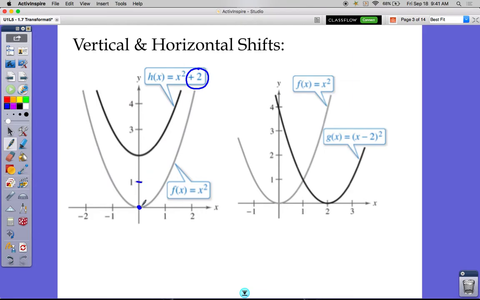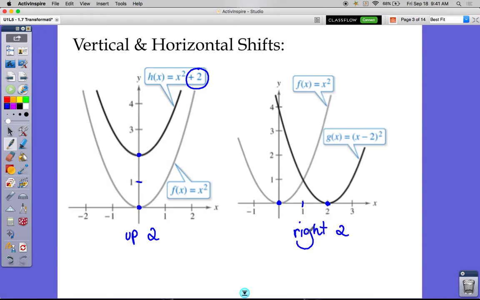So there's the 0, 0, the normal point, moved up 2 spots instead. So this one here went up 2. Now this one went from here, but it went to the right 2 spots.